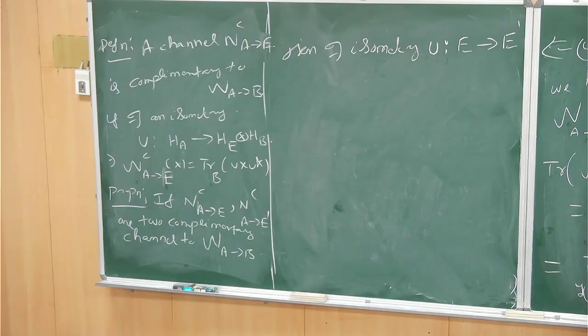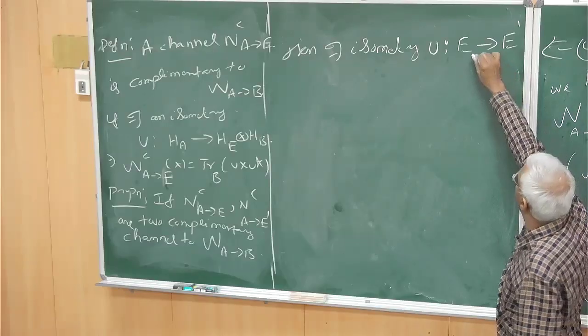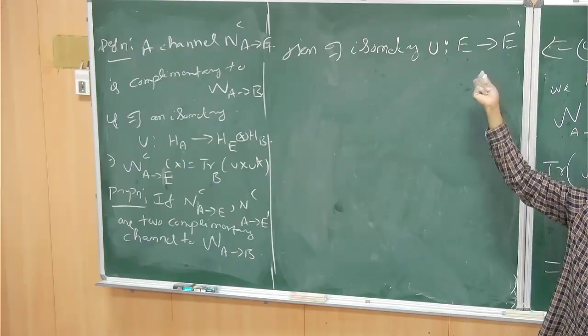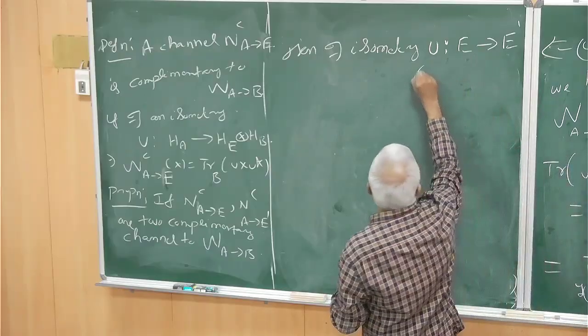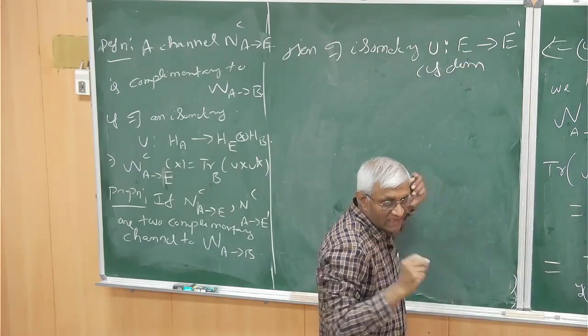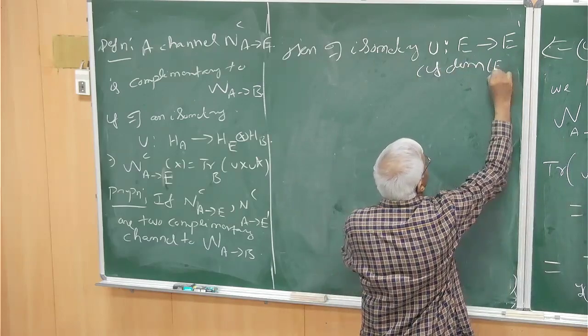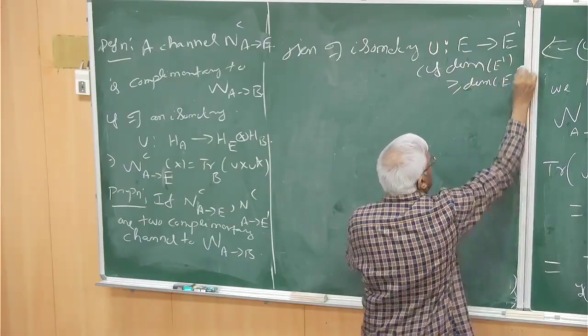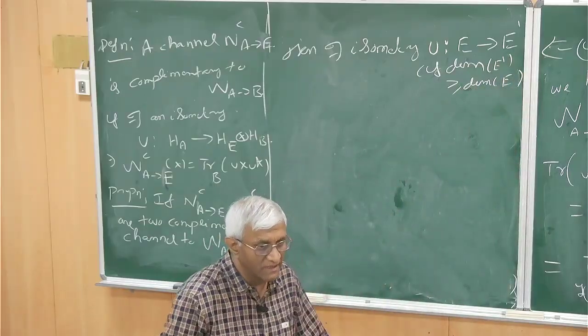It should exist either from E to E prime or the other way depending upon the dimension. If an isometry has to exist from here to here, this dimension should be greater than this. If the dimension is the same, then it's unitary, of course. One of them has to happen, depending on the dimension of E prime versus E.